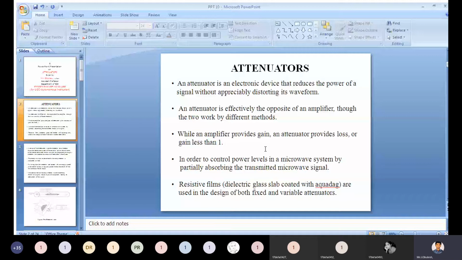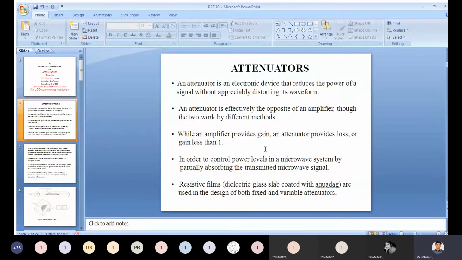An attenuator is an electronic device that reduces the power of a signal without appreciably distorting its waveform. The attenuator is effectively the opposite of an amplifier, though the two work by different methods.